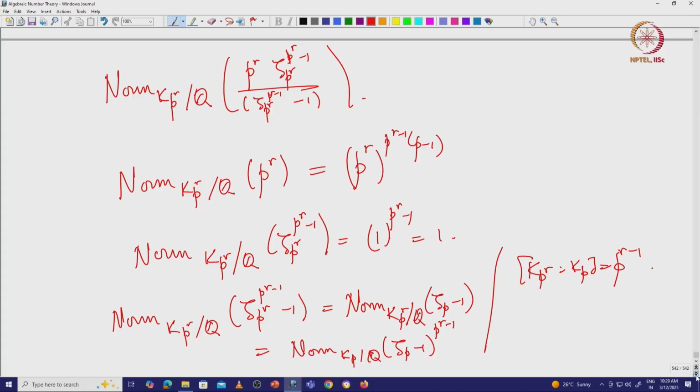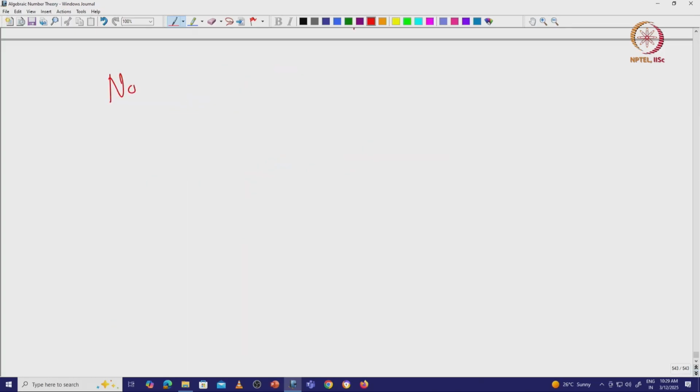Okay, and therefore we get that the norm from K_{p^r} over Q of ζ_{p^r} minus 1, up to sign, is p^{r-1}, right.